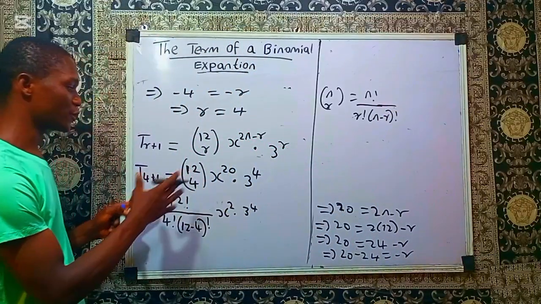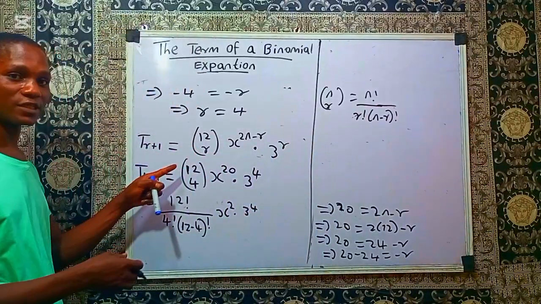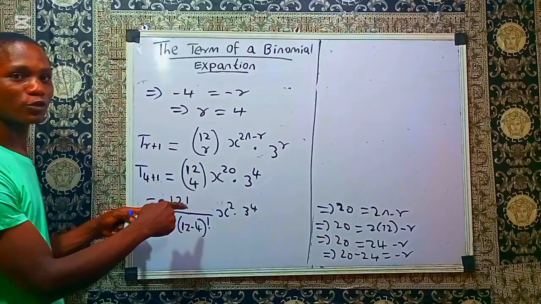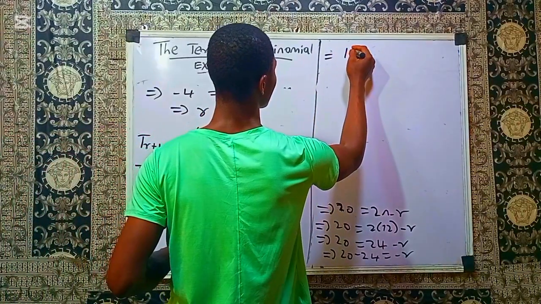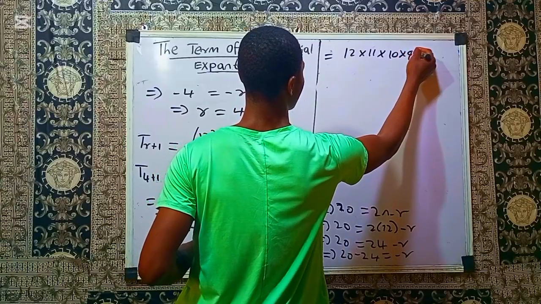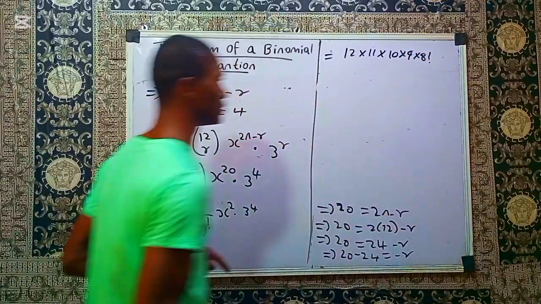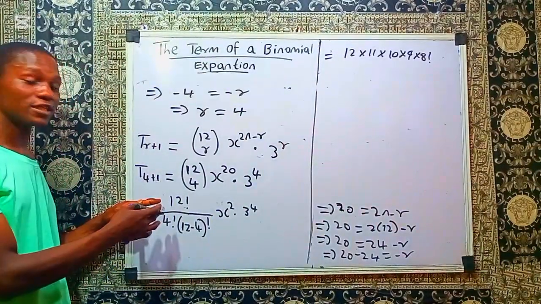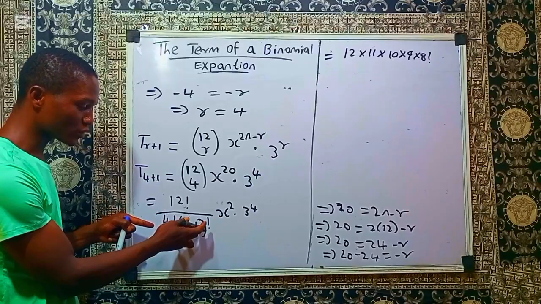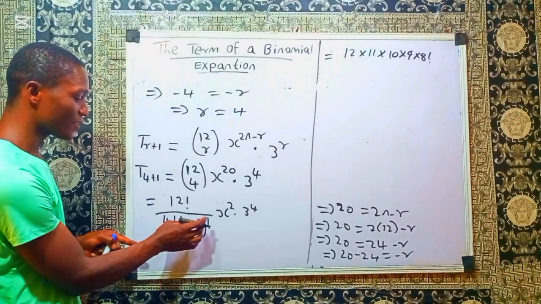That's what I used to expand 12 combination 4. So we can expand 12 factorial as 12 times 11 times 10 times 9 times 8 factorial. I stop at 8 factorial in the expansion of 12 factorial because 12 minus 4 is 8, so we have 8 factorial down here.